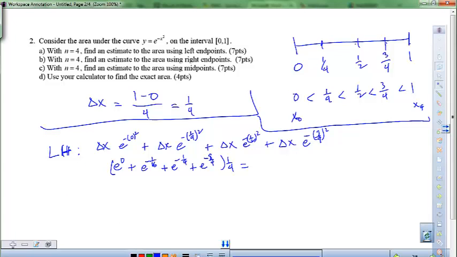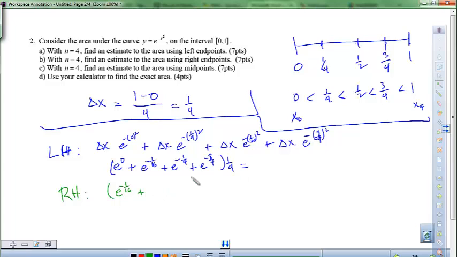For the right hand rule, or the right endpoint, we'll see that it's basically the same, and we can try to get a pattern out of this. We'll start with the right hand, which is e to the negative 1/4. That turns out to be this business over here, negative 1/16.